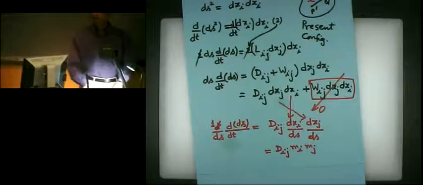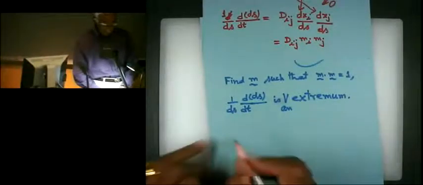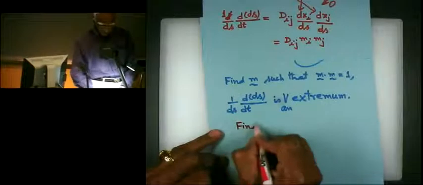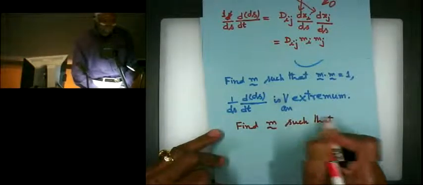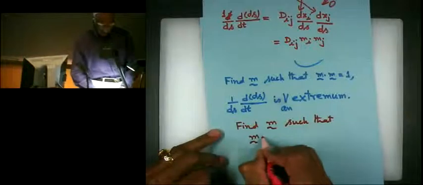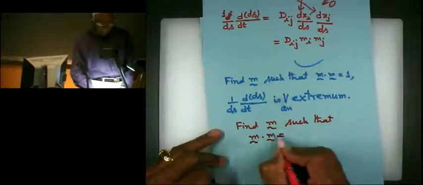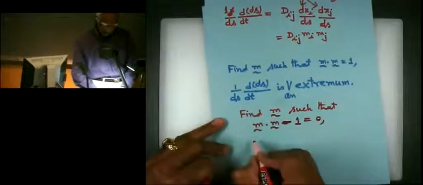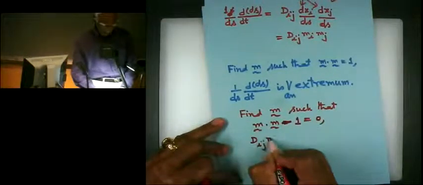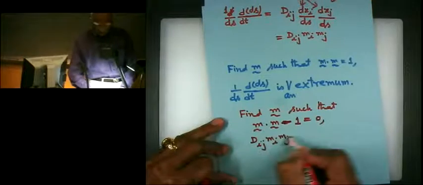So now, mathematically, the problem is: find M such that M dot M is 1, or M dot M minus 1 is 0, and D_ij M_i M_j is an extremum.